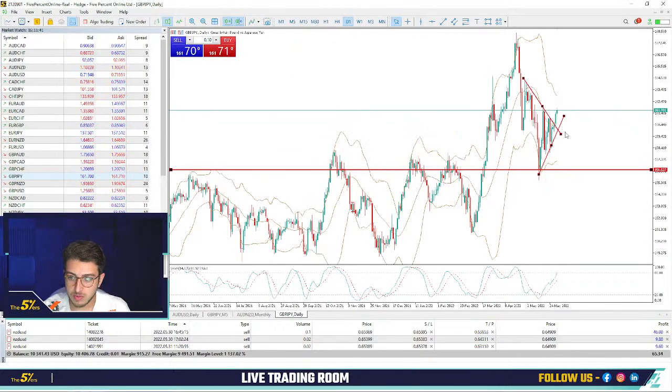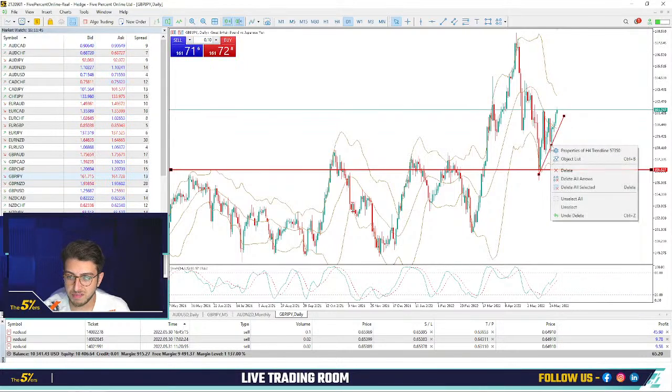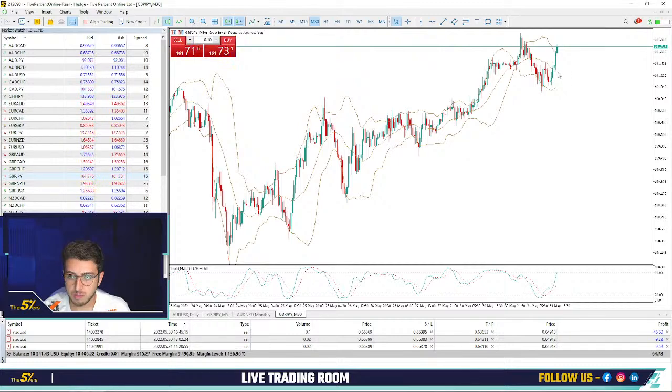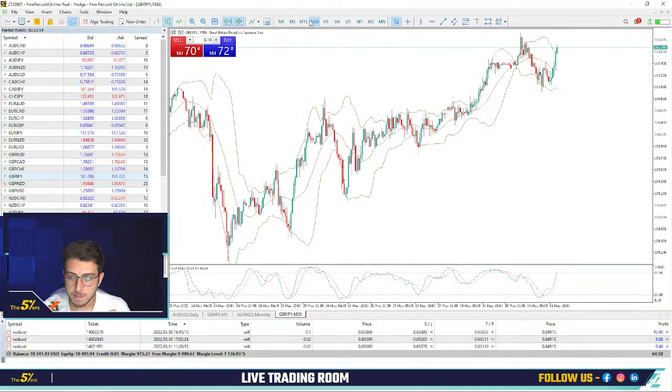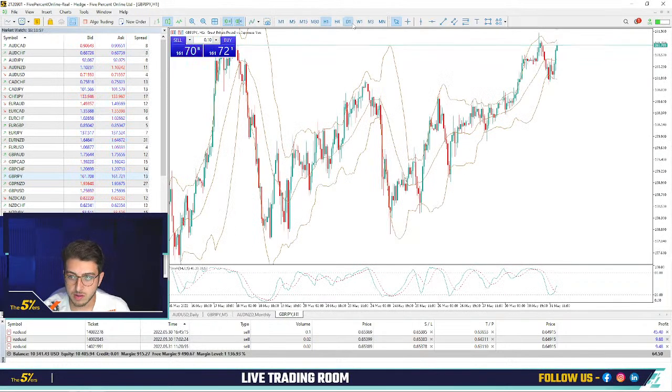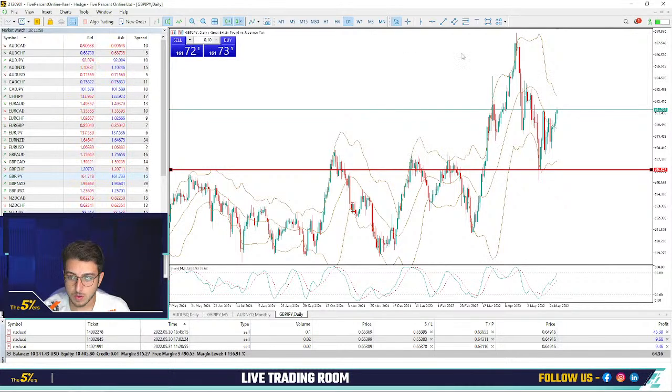But you see also on the daily that there might be some push on the upside. We can feel that today the price is pushing very fast on the upside. Looks like it can break. Okay, so the next zone would be approximately here.